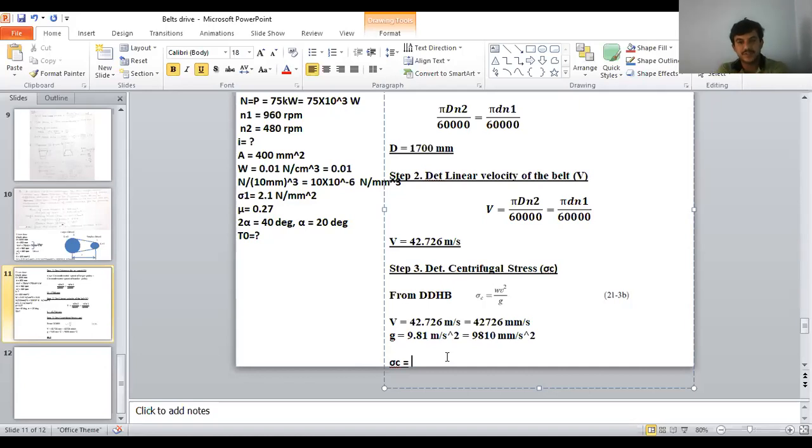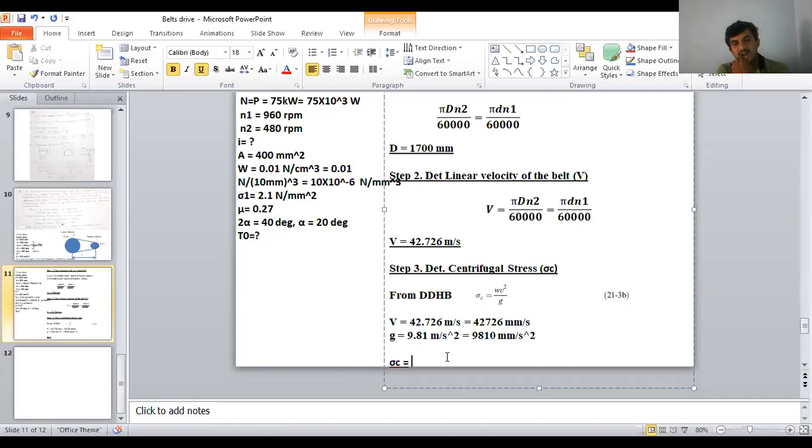Sir, V should be in meter per second only, no, sir, in centrifugal stress? Okay, what is the W? Newton per mm cube. If V is in meter per second, the units are mismatching, right? It's a different dimension, you get a different value.